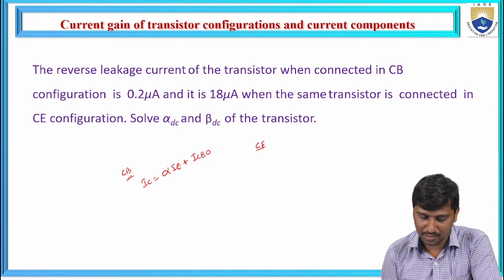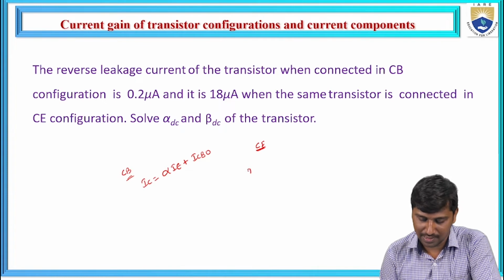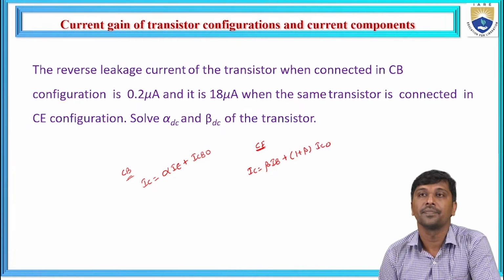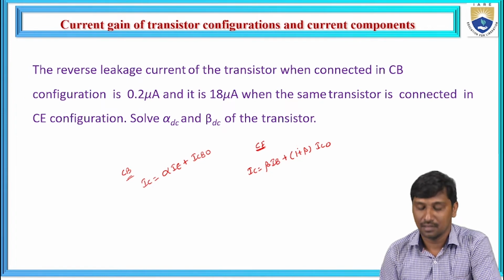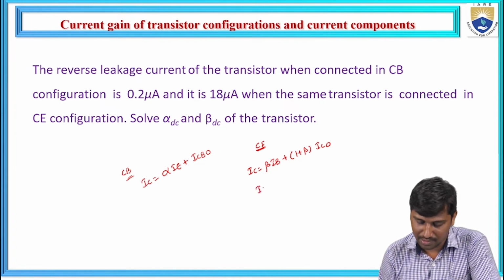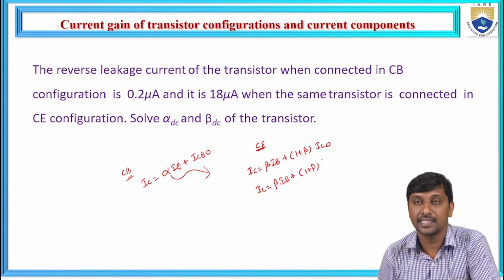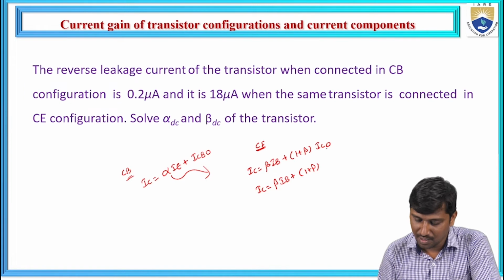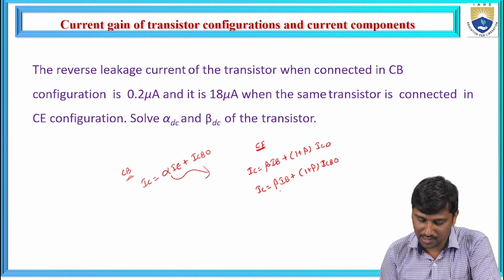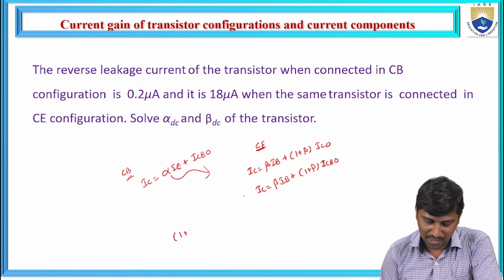Similarly, in the common emitter configuration, IC is represented as beta times IB plus 1 plus beta times ICO. So you can also write IC is equal to beta times IB plus 1 plus beta times ICBO, rewriting this expression for common emitter, from this relation.